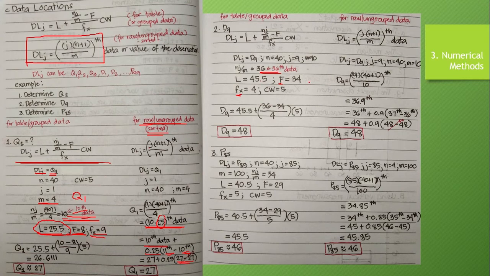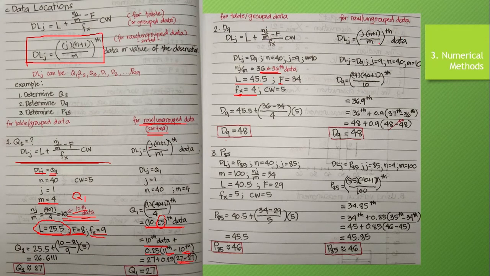So you can also check the less than cumulative frequency before this class interval. So that's 34, and f sub x is the class interval where this class boundary is located. Sum all of the values, you will get D sub 9, or the 9th decile, which is equal to 48.